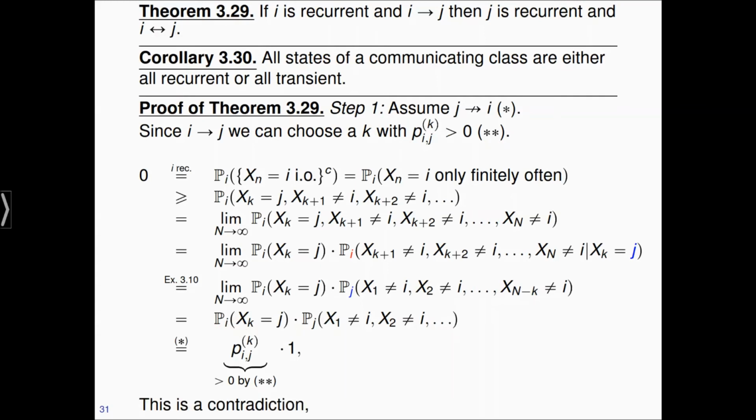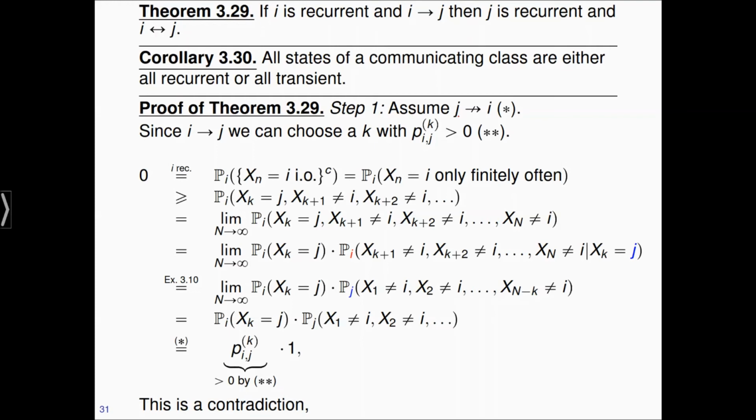And this gives us a contradiction. We started at 0 and then we estimated, and we saw that this quantity here is strictly positive, and this of course must not happen. We estimated against a term that is strictly positive. This cannot be true. This is a contradiction.